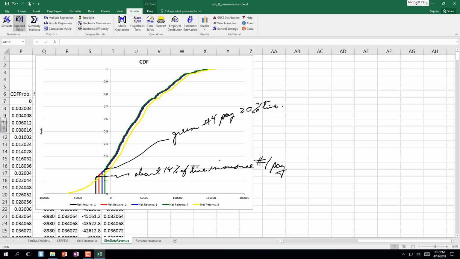Now the yellow one is no insurance, and it never pays, okay, because you didn't pay a premium for it, you didn't buy it. And what it's doing is this horizontal shift from any line to the yellow one is the cost savings of the premium.